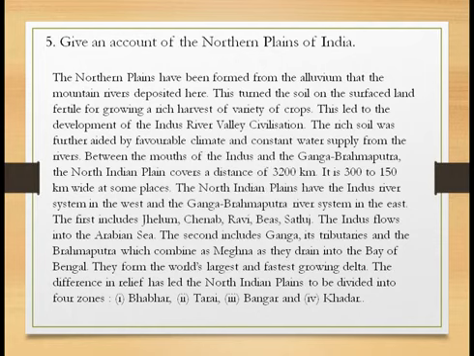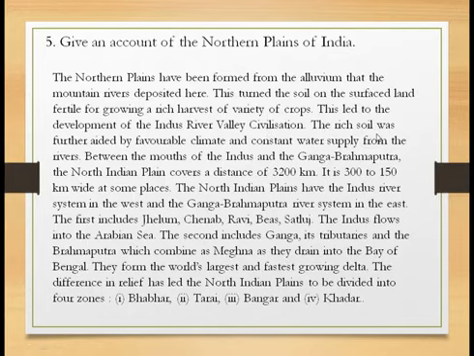I am just reading it for you. The northern plain has been formed from alluvium, that is the depositional work by the rivers which are coming from the Himalaya mountains. We also call the northern plain the Indo-Gangetic plain. So there is no need to write all this about the Indus Valley civilization and so on; this is only placed here for reference purposes.